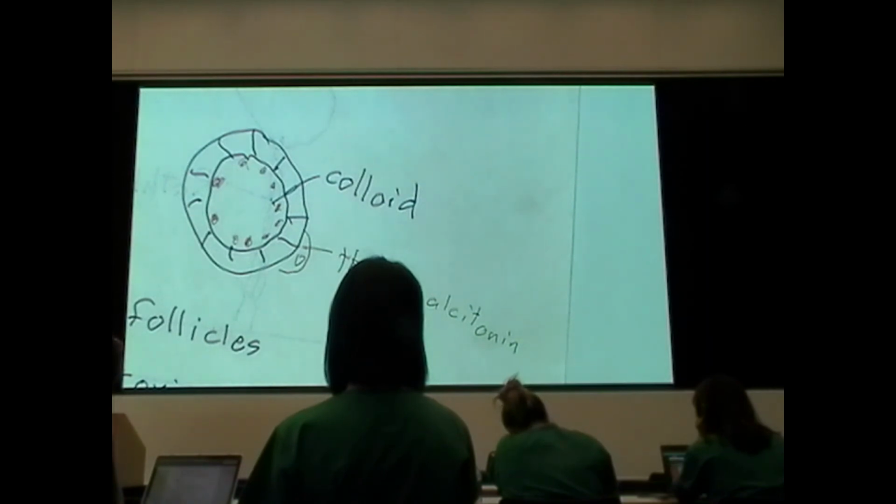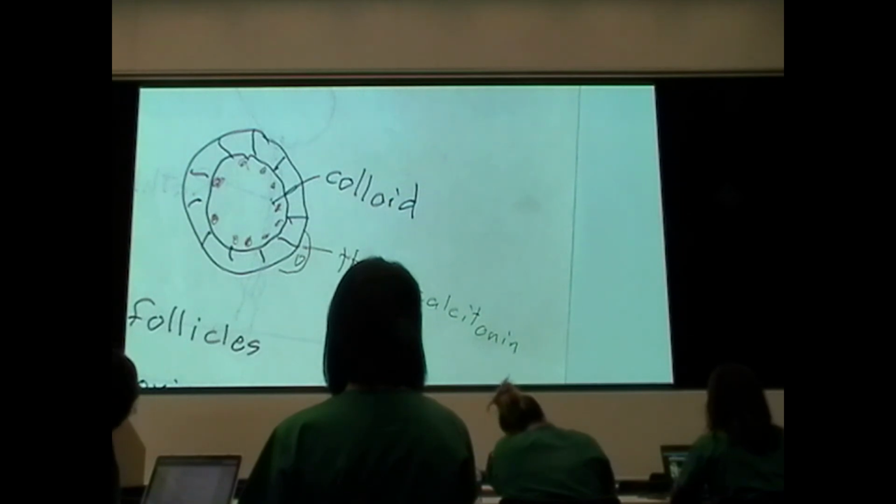If the calcium level is too high, it will regulate the function of cells that make bone, osteoblasts.